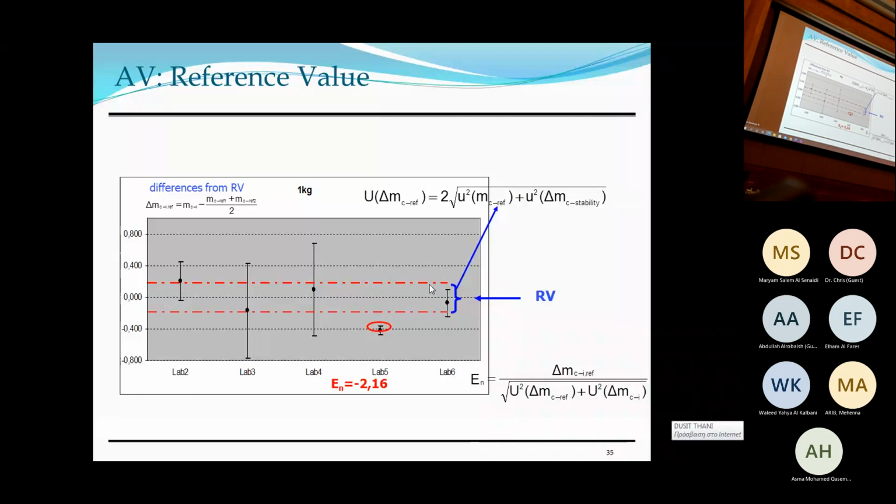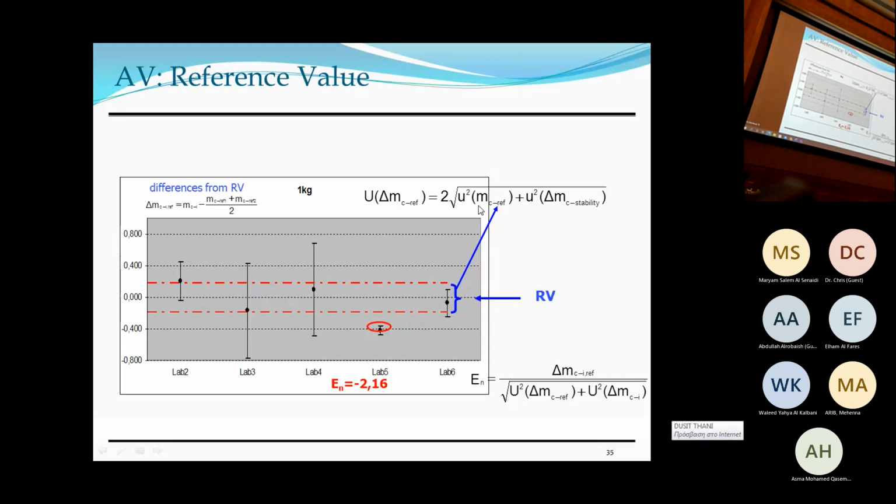It was determined, and what are shown here are differences from this reference value, which is this line here, the 0 line. And this is the uncertainty of the reference value. So how is the uncertainty of the reference value calculated?